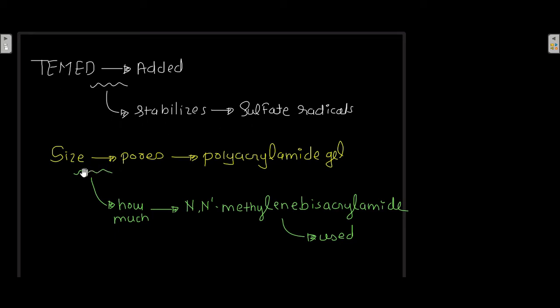Now the size of the pores in the polyacrylamide gel depends upon how much methylene bis acrylamide you have added with respect to acrylamide. On that ratio of the two components, the pore size will depend.